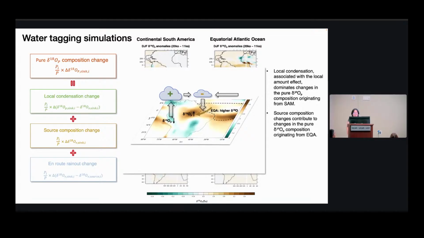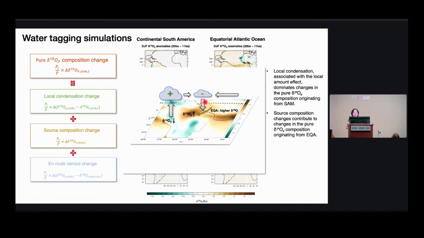So we can see there are impacts from both local forcing and remote forcing. During LGM, the South American summer monsoon is stronger, so that's why we see a stronger convection over the western Amazon and the tropical Andes, and that contributed to more depleted delta 18 precipitation.